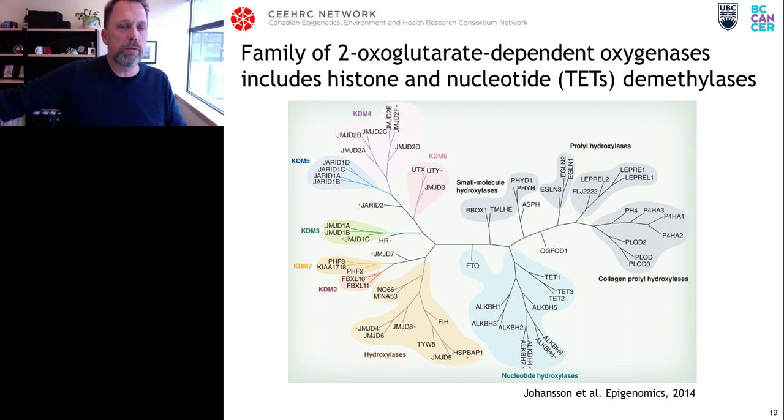You can see in the blue color here the TETs, so these are the nucleotide hydroxylases. Then in the yellow, green and purple, these are all the histone demethylases, the KDMs, the Jumonjis, for example. And in the gray, we can see some proline hydroxylases, another class of hydroxylases encoded in the genome.